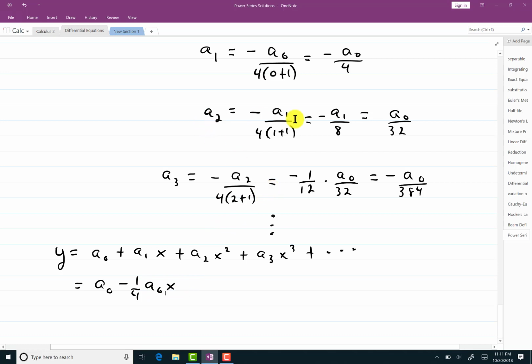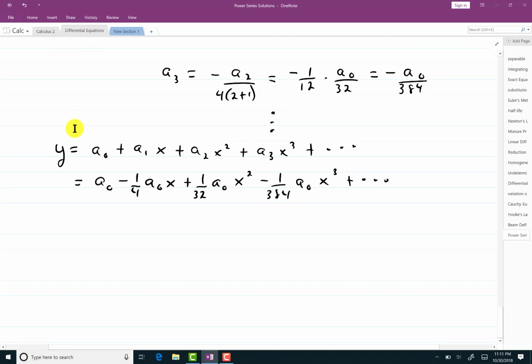And then a sub 2 I can replace with 1 over 32 a sub 0. And then a sub 3 I can replace with negative a sub 0 over 384. But let me factor the a sub 0 out of everything.